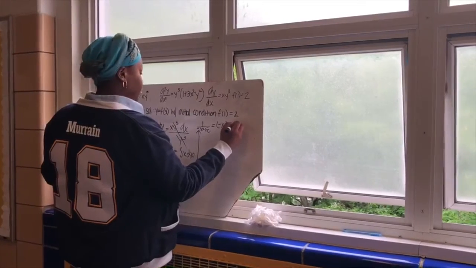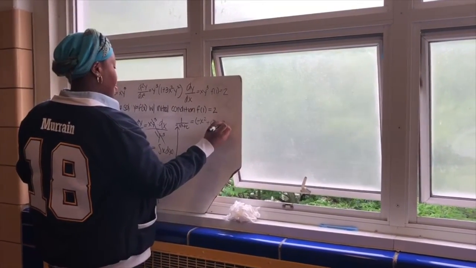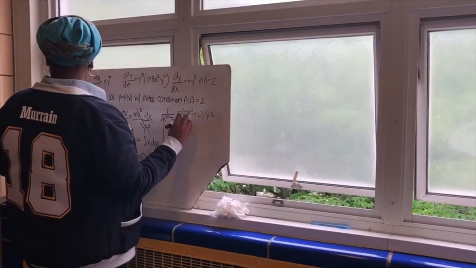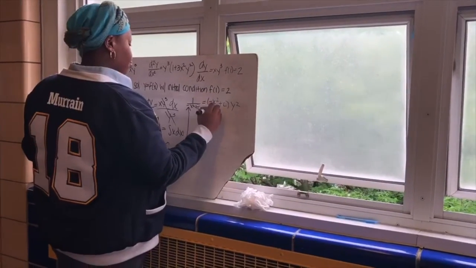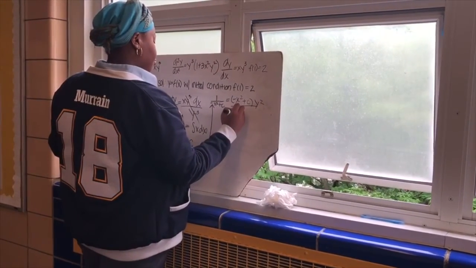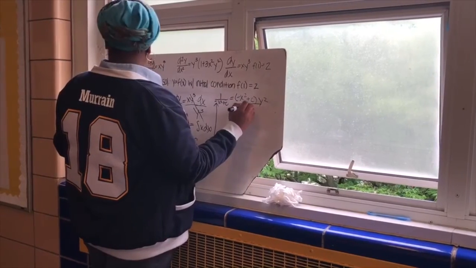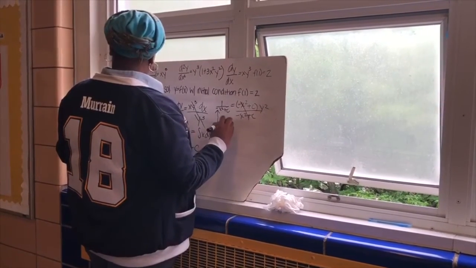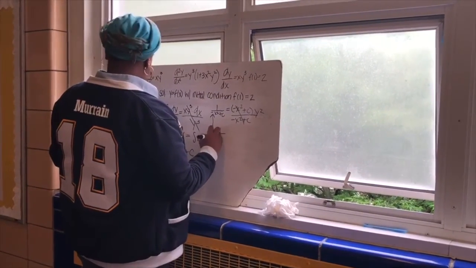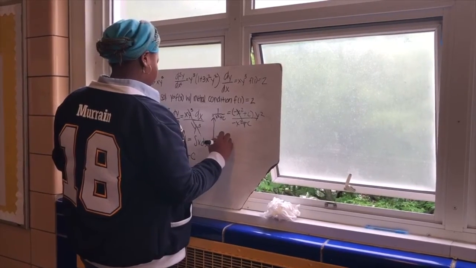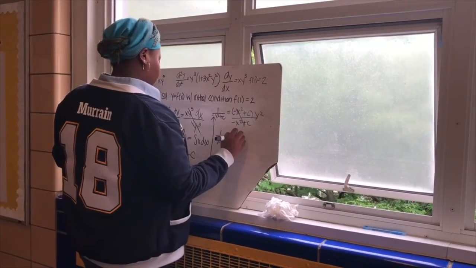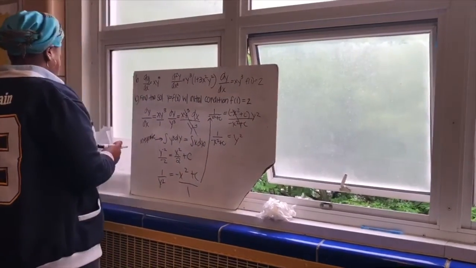So now you have to divide by -x squared plus c on both sides to get y by itself. And after that, you get an answer of 1 over -x squared plus c equals y squared.